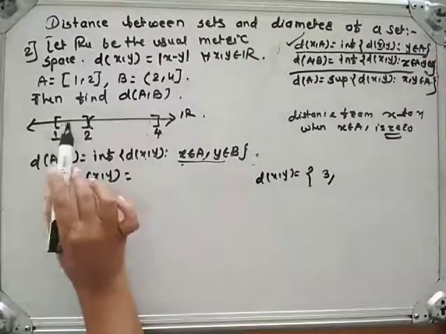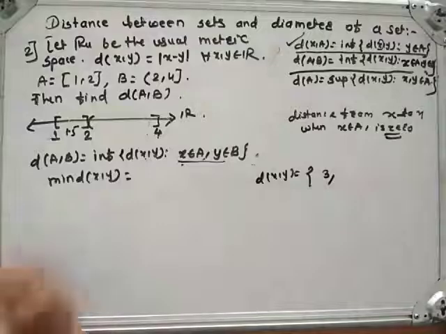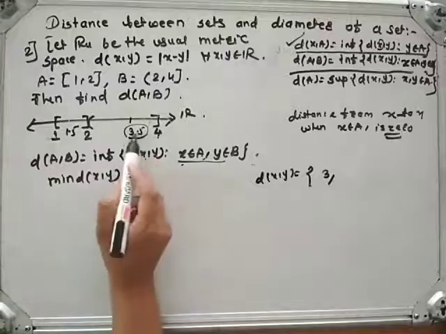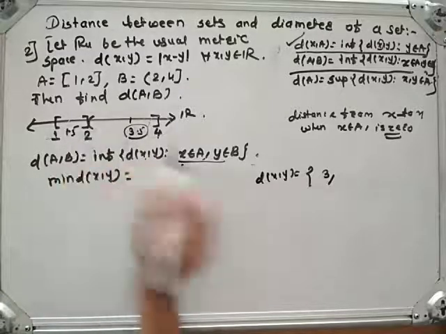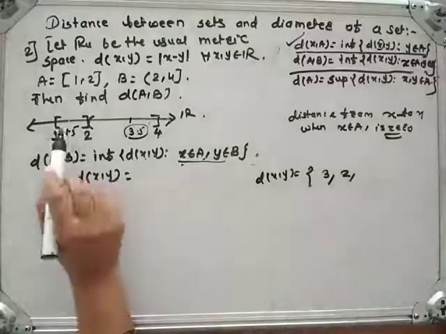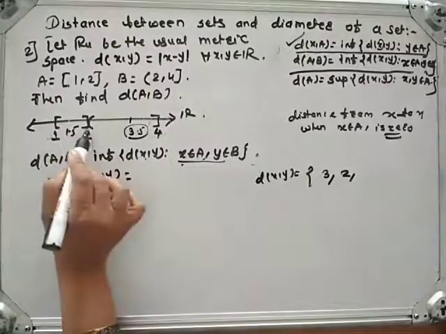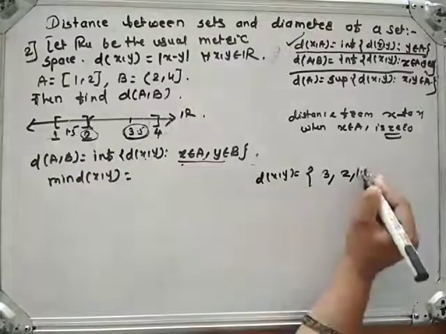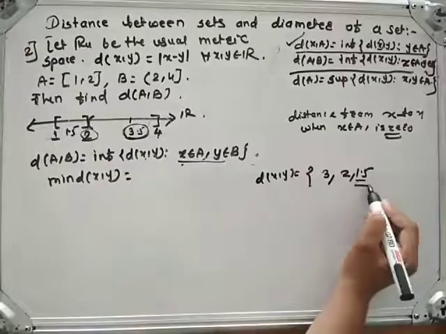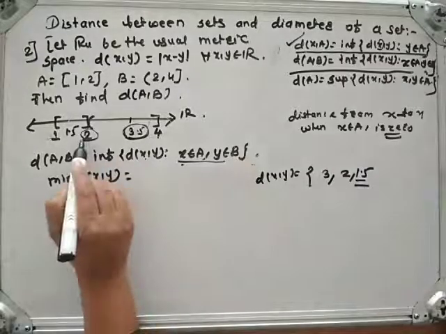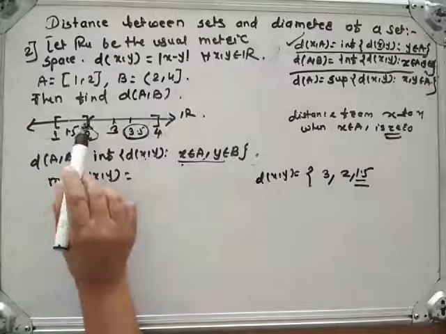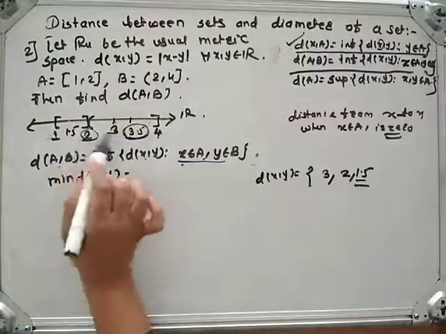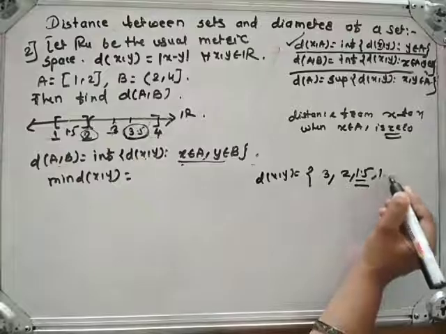If you take 1.5 from this set and 3.5 from this set, the distance between these 2 points is 2. Next, if you take 2 from this set and 3.5 from this set, the distance is 1.5. If you take 2 from set A and 3 from set B, then the distance between 2 and 3 is 1.